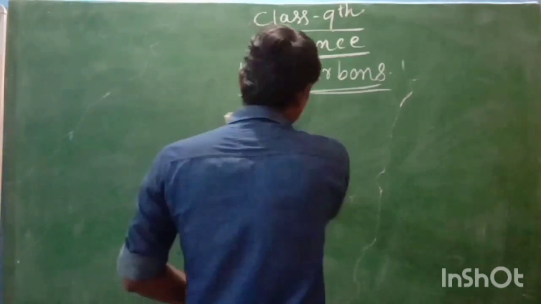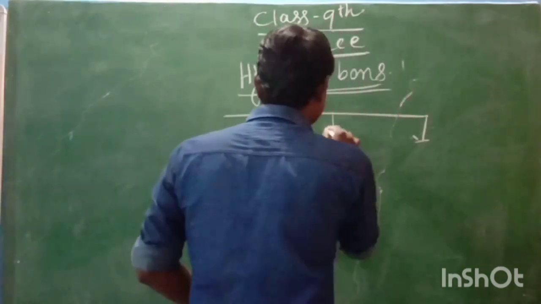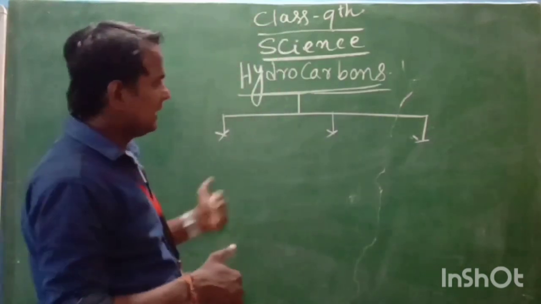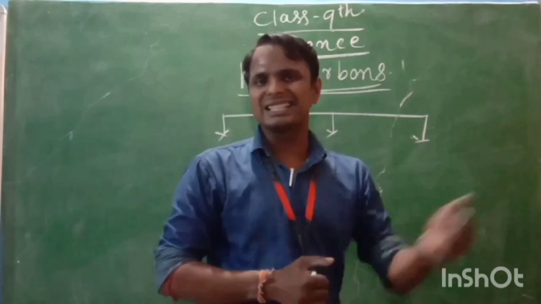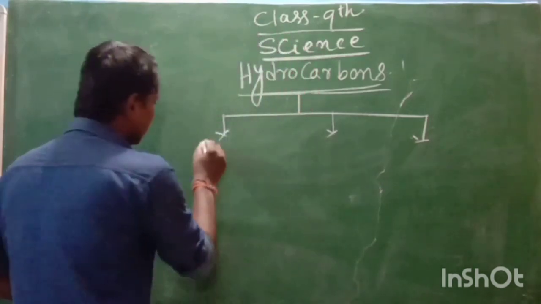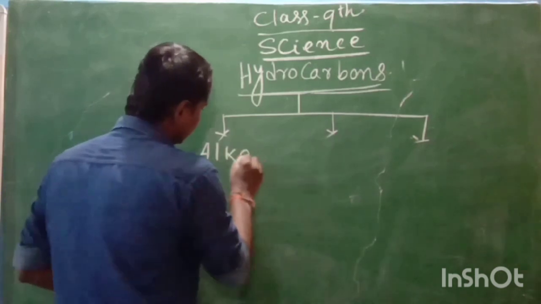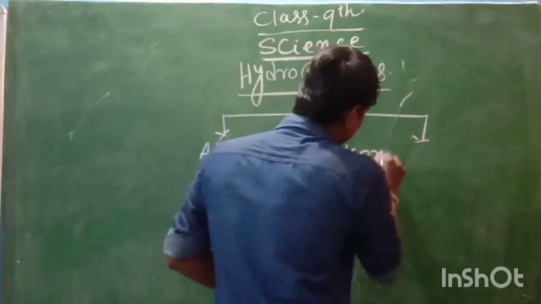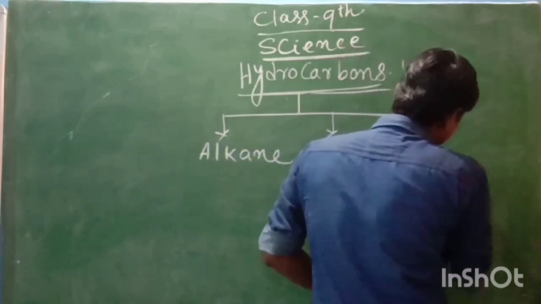We know that in this chapter hydrocarbons are basically of three types for class 9th. What are they? They are alkane, alkene and alkyne.